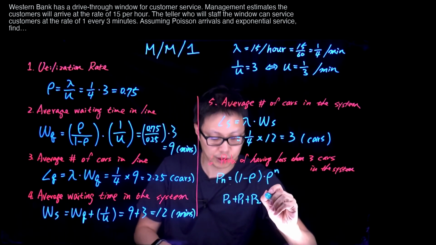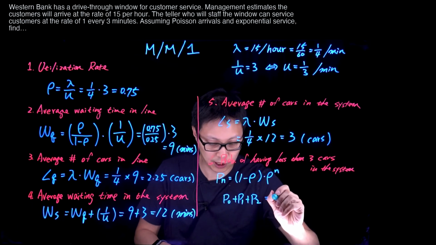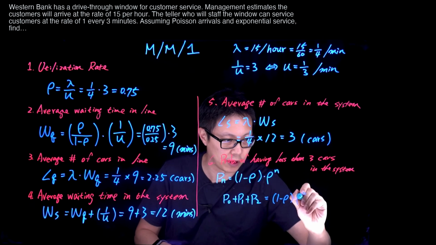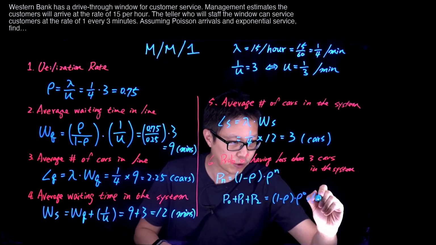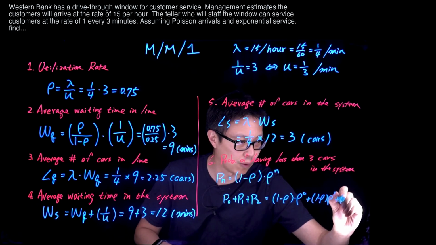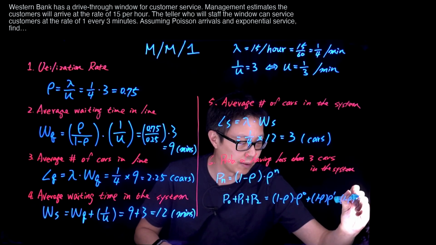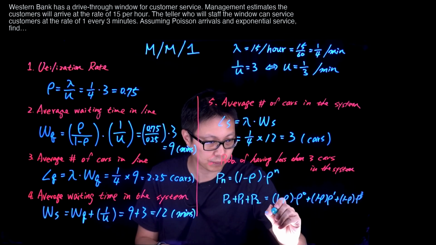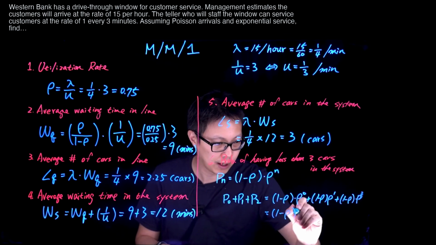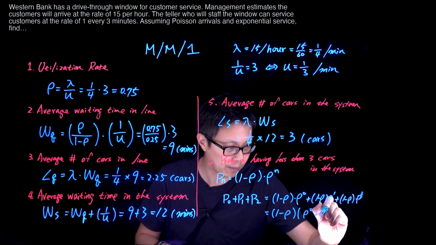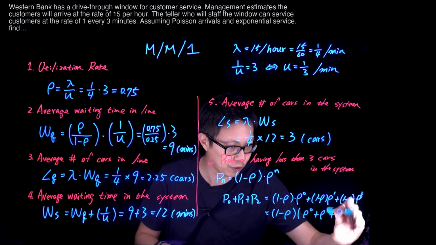Then you just plug in the formulas. This is equal to 1 minus rho times rho to the power of 0, plus 1 minus rho times rho to the power of 1, plus 1 minus rho times rho to the power of 2. So everything here will be equal to 1 minus rho times rho to the power of 0 plus rho to the power of 1 plus rho to the power of 2.